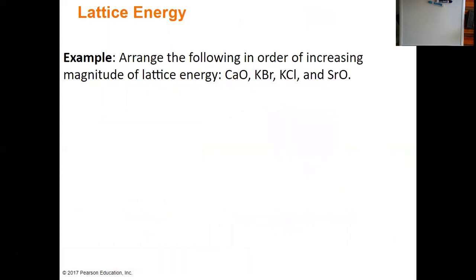So why don't you take a second to try to order these by increasing lattice energy, from the smallest lattice energy to the biggest lattice energy. And think about why. What are we looking at here? We're looking at size and we're looking at charge.